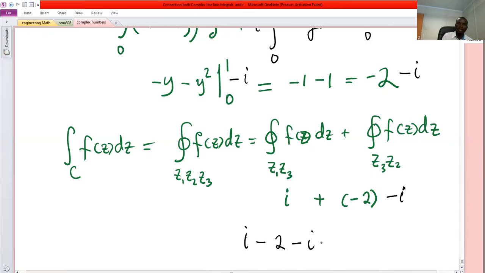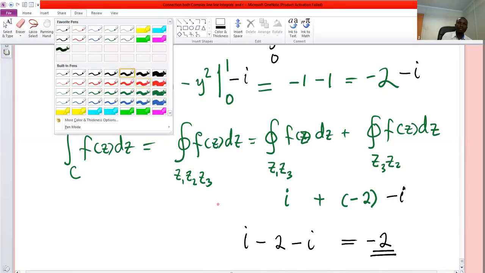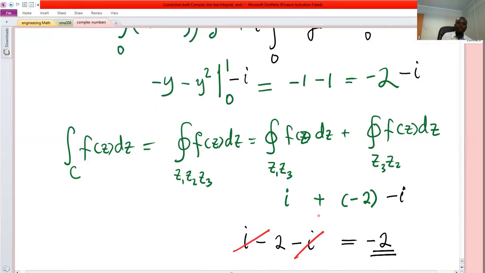So i minus i is 0, and the answer will be minus 2. The final answer to that problem will be minus 2, because i and minus i cancel out.